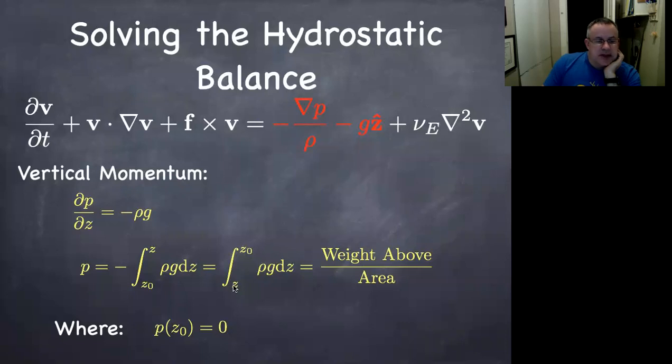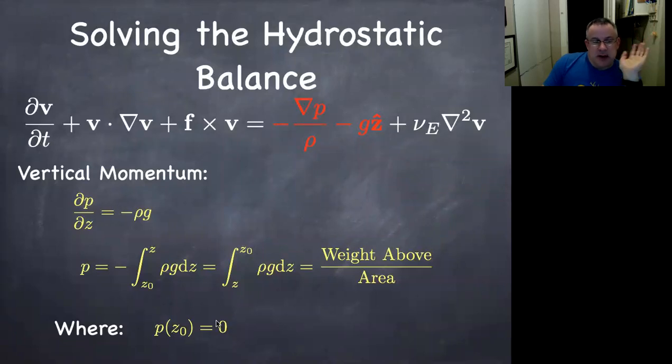Well, the weight from z where you are up to that reference level where we said the pressure would be 0. So if we took that to be the surface of the ocean, having a pressure of 0, or pressure equals a constant atmospheric pressure, then the pressure in the ocean is the weight above you, in between you and that reference level. Cool. And so the pressure at z equals 0 is 0.